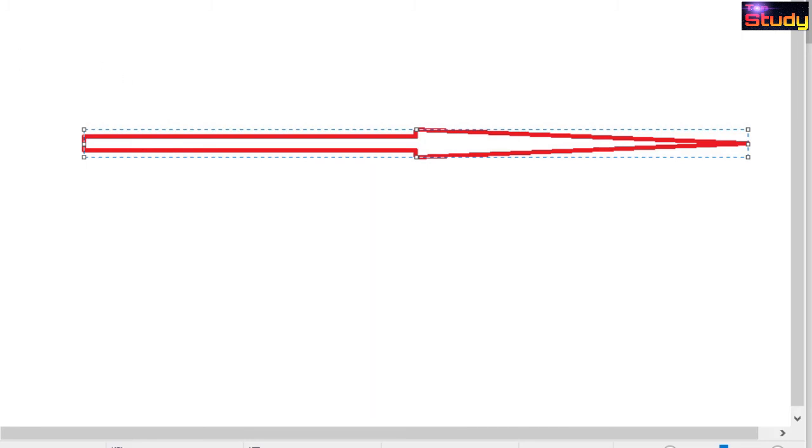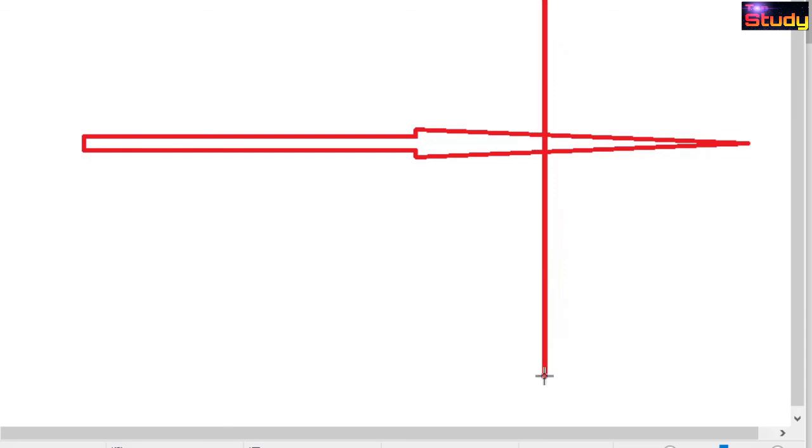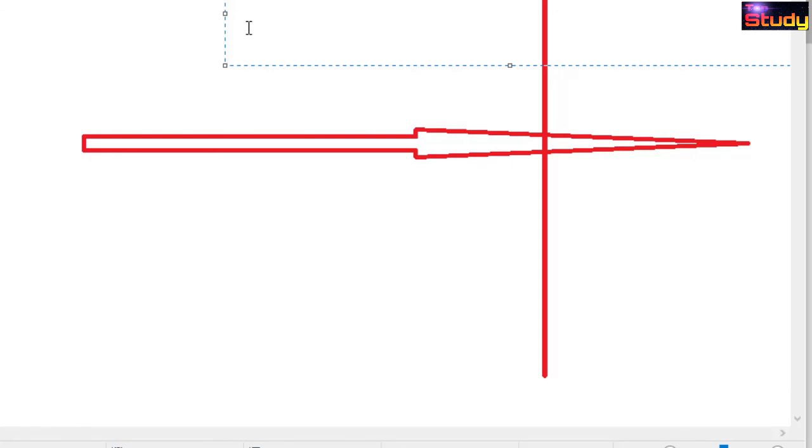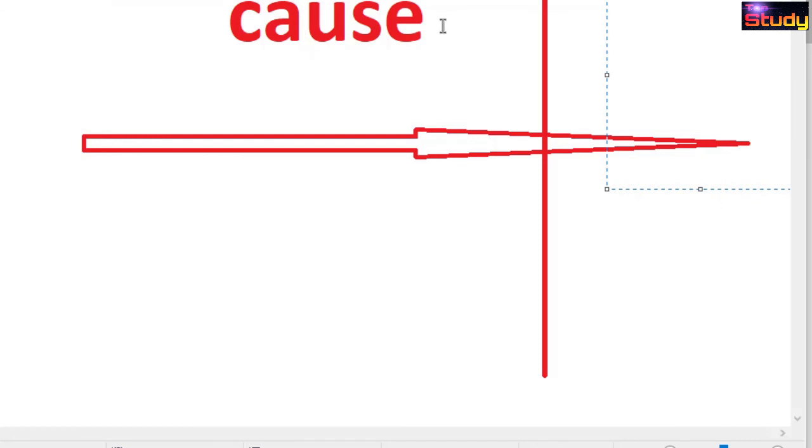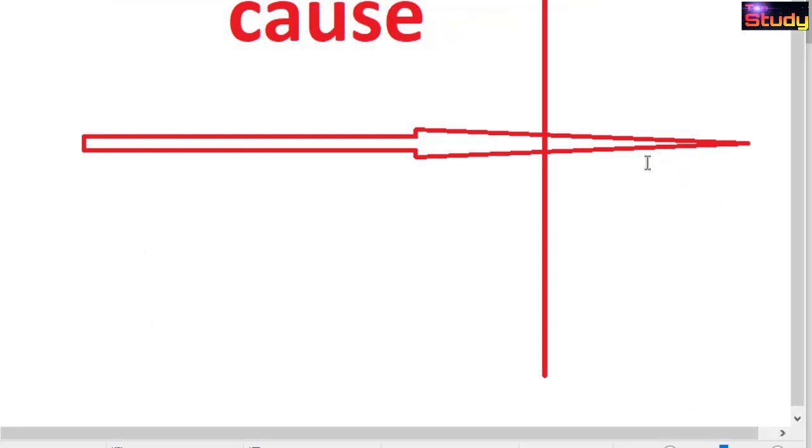Then this is cause, this is effect, and this is cause, and this is the problem.